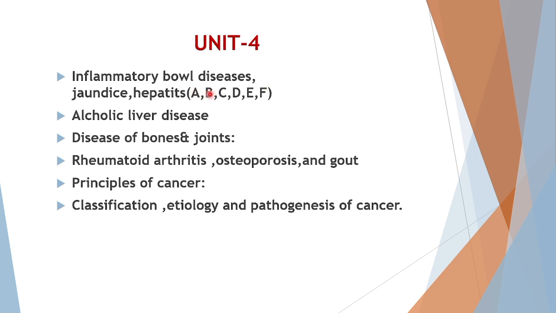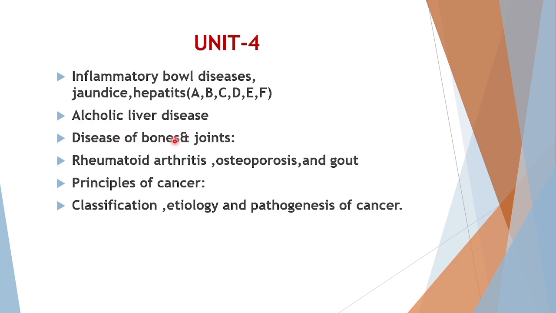Hepatitis A, hepatitis B, hepatitis C, and hepatitis D, along with hepatitis E and F, okay. Next, alcoholic liver disease. Alcoholic liver diseases are mostly preventable diseases in which the liver is damaged due to excessive alcohol consumption.